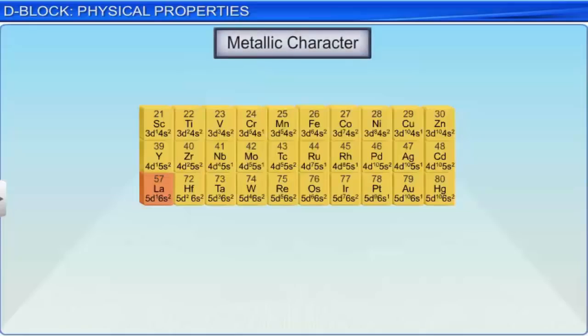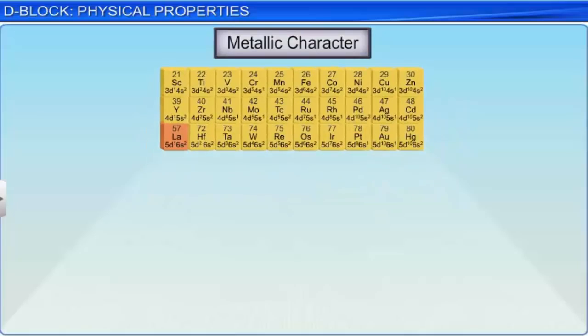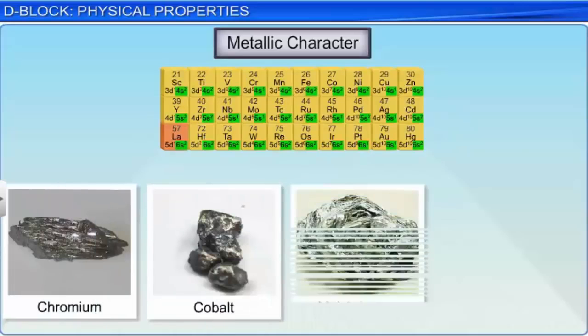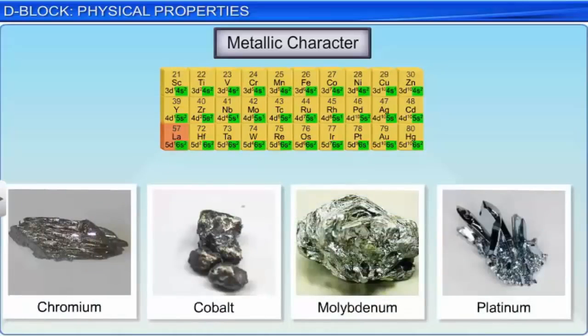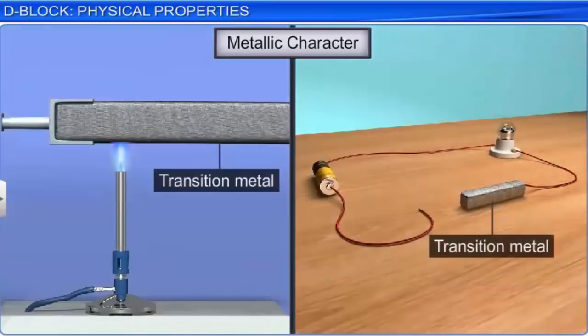First, let us look at the metallic character. As the number of valence electrons in these elements is very small, all of them are metals. They are good conductors of heat and electricity.